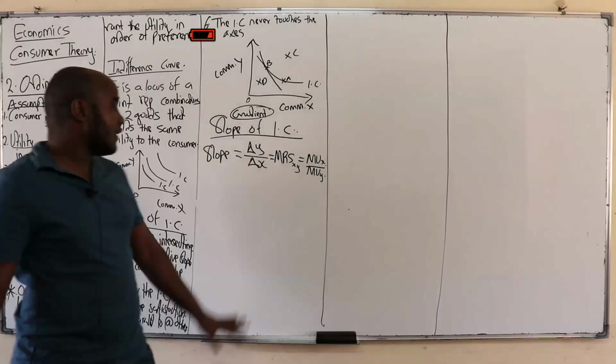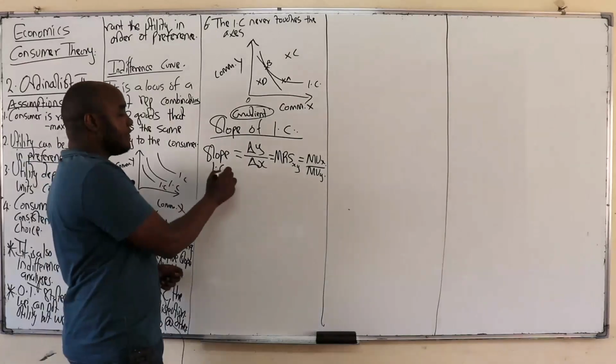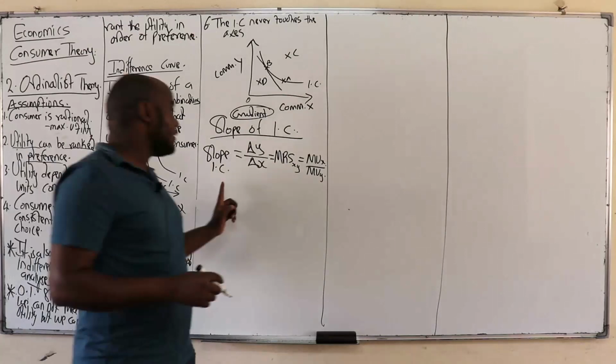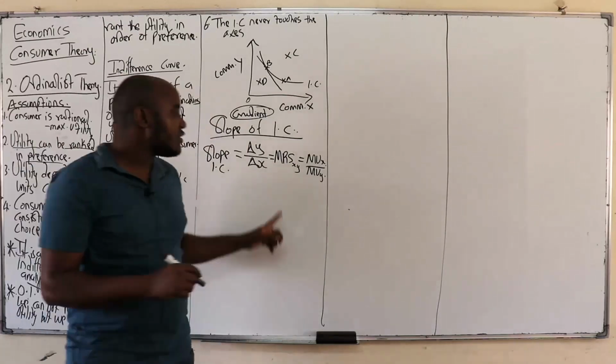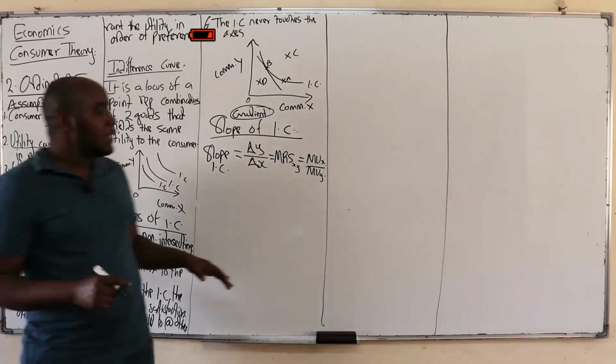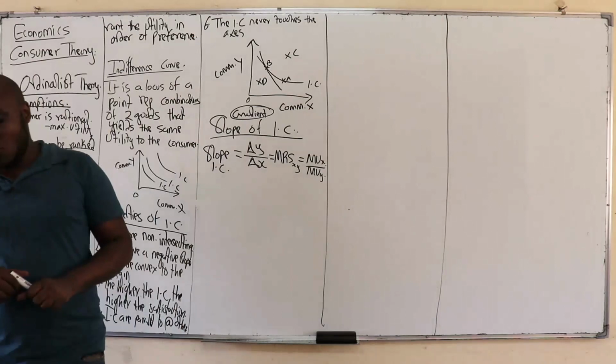Are you together? That's the slope of the indifference curve: the change in y divided by the change in x, which is equal to the marginal rate of substitution of x and y, which is equal to the marginal utility of x divided by the marginal utility of y.